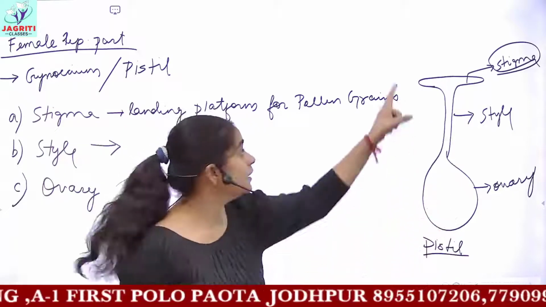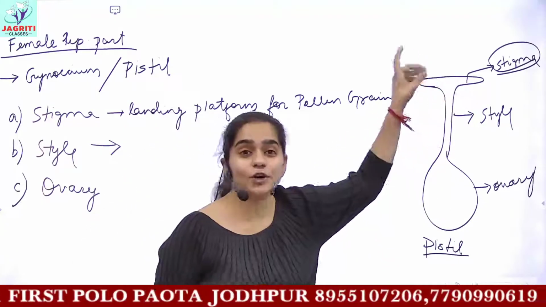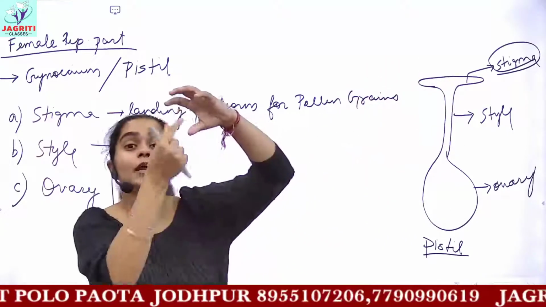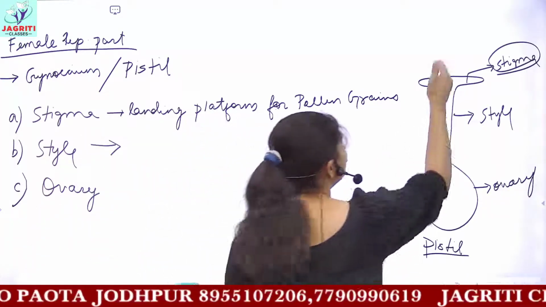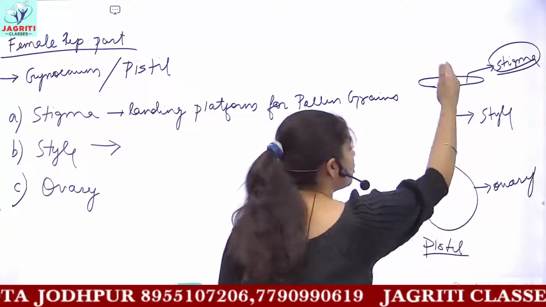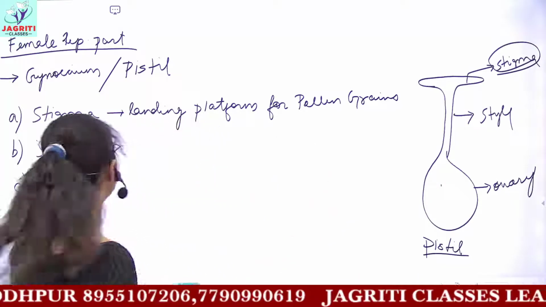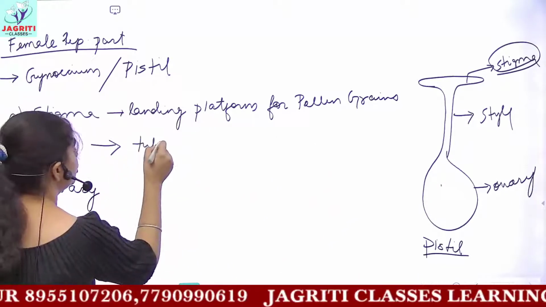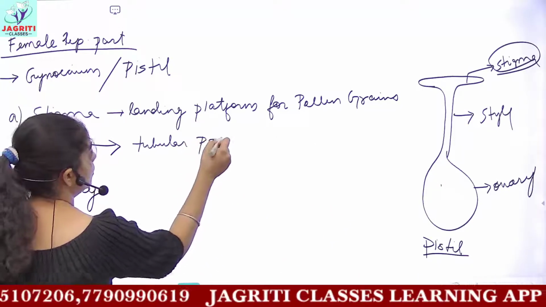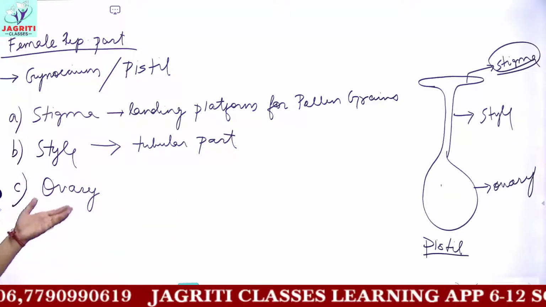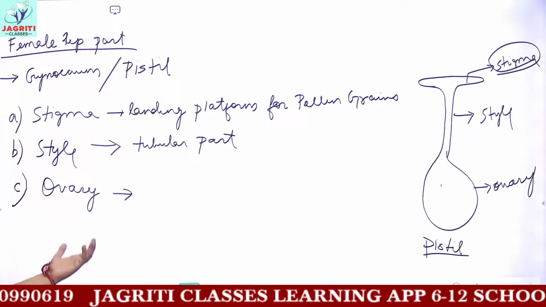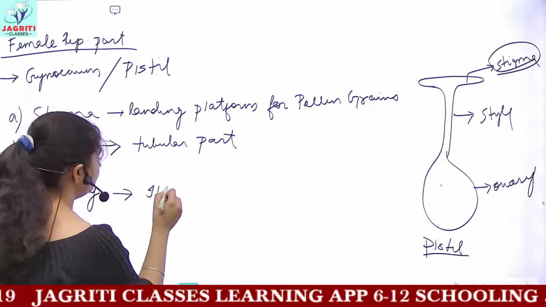We will see that when these pollen grains land on the stigma, they form a pollen tube, and this pollen tube goes through the interior of the style to reach the ovary. So this is the tubular part present in the pistil, and next you have the ovary, which is a very important part. It contains ovules.